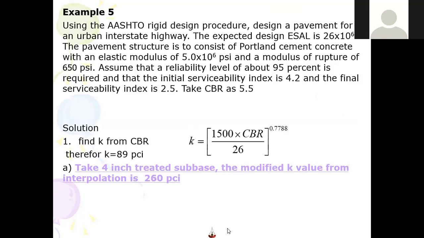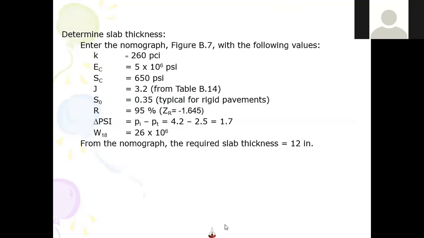Now let's take an example. For instance, we have a K value. Now I'm taking this modified K value of 260 psi per inch. Elasticity modulus is 5 million. This data is given to you.